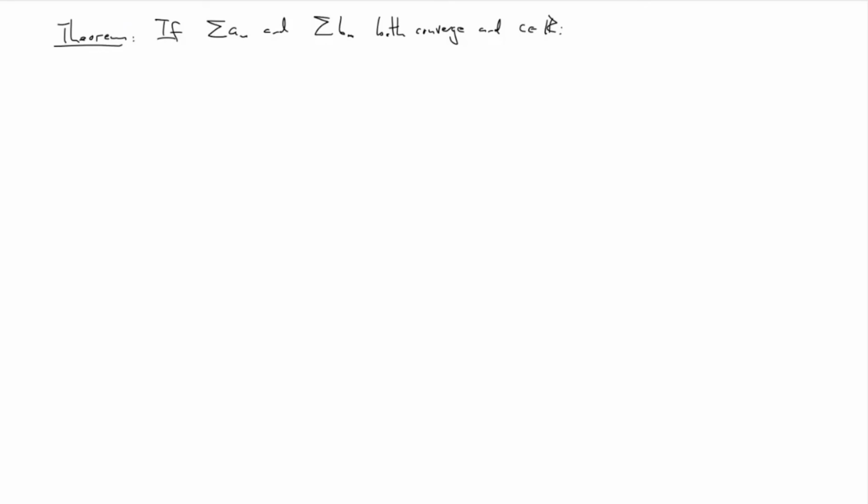Okay, here's another theorem for you. It comes straight from the limit laws for sequences. If we have 2 series, I've left off the n equals 1 to infinity, so just imagine that they're there. This is just shorthand. 2 series, sum an and sum bn, and they both converge, and c is some real number, then from the limit laws, you get that the series of a sub n plus b sub n converges to the sum a sub n plus the sum b sub n.